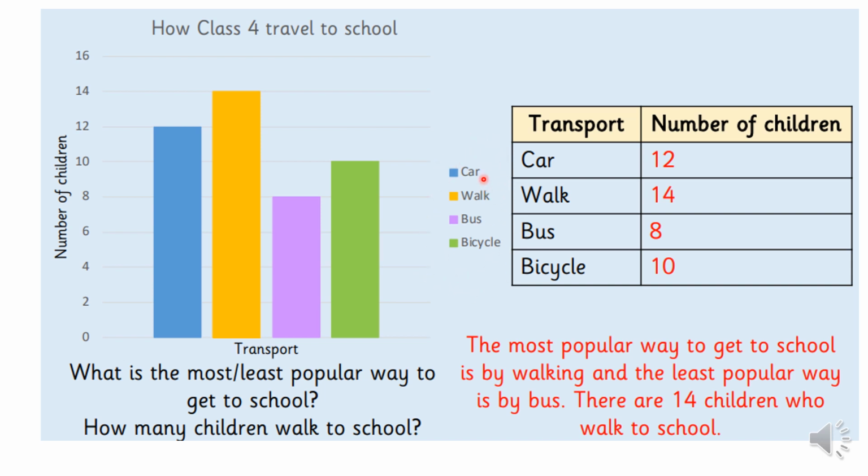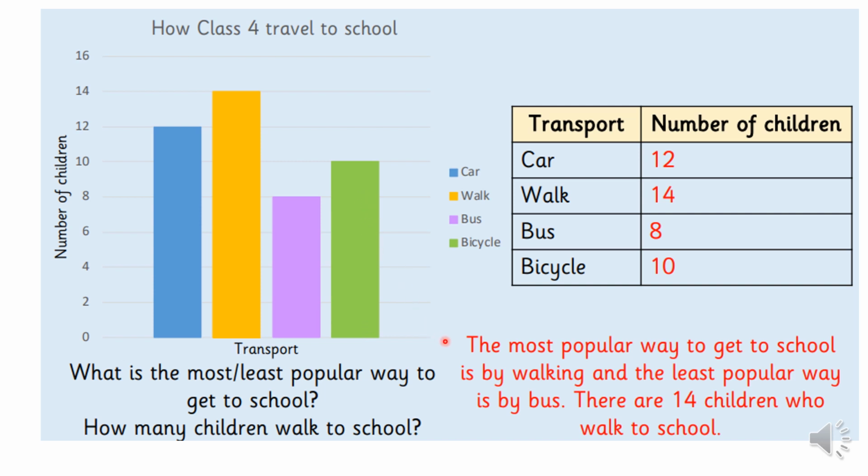So we can see that the blue is the car, the yellow is to walk, the purple is to bus, and the green is to bicycle. I check the scale again, and it's going up in 2s. So the car, which is blue, is 12. Walk, which is yellow, is 14. Bus, which is light purple, is 8. And bicycle, which is green, is 10.